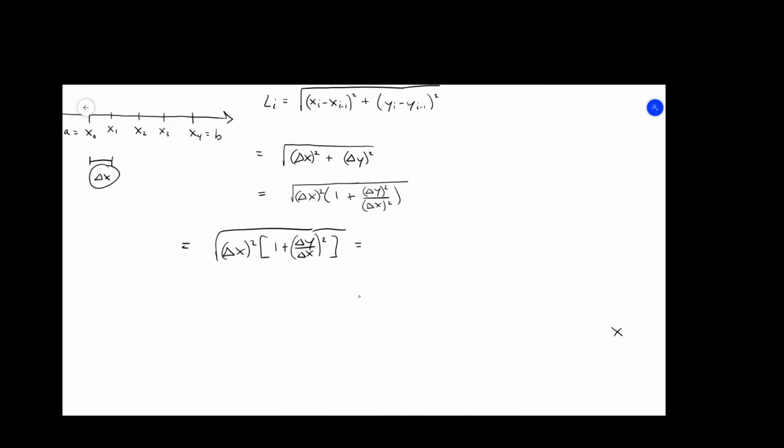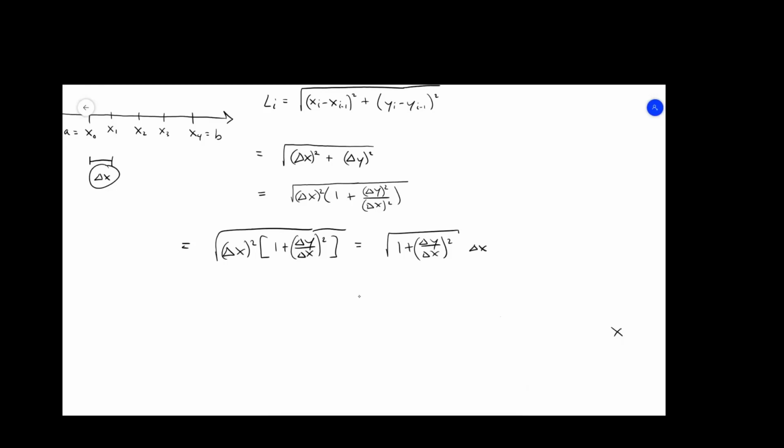So really what you can rewrite this as is the square root of 1 plus delta y over delta x squared, and then you can put that delta x here at the end. Okay, so this is squared, and we took the square root of it. That's why we can just take that delta x and stick it on the end there, take it out of the radical. Okay, now what we need to realize here is that's going to give us the length of one of those little line segments.